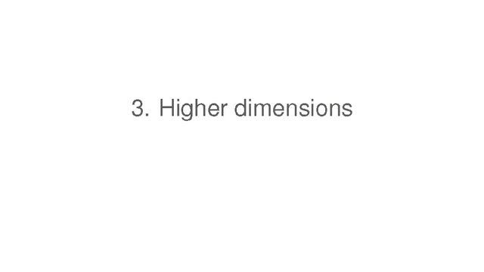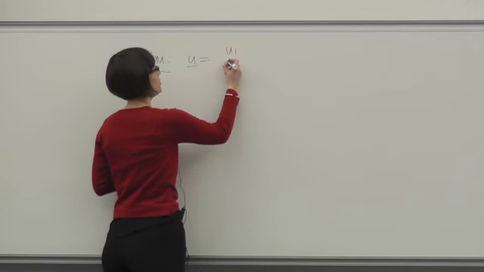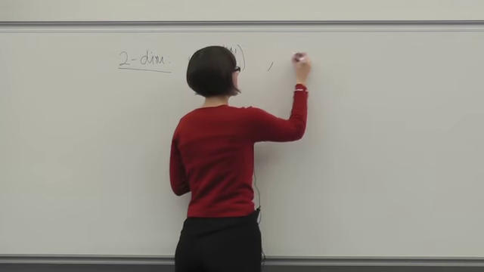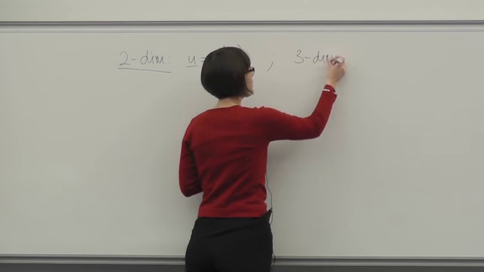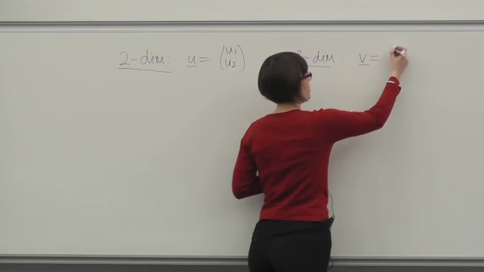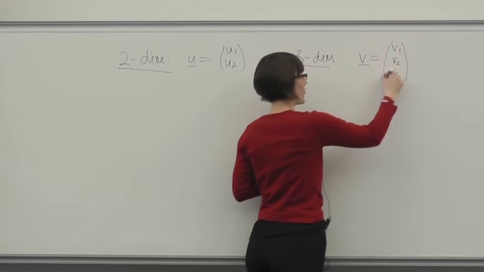Okay, I'd just like to finish by saying a few words about how we can generalize these notions to higher dimensions. So far we've talked about two-dimensional vectors, say vectors u with components u1 and u2, and we've talked about three-dimensional vectors, say vectors v with three components v1, v2 and v3.